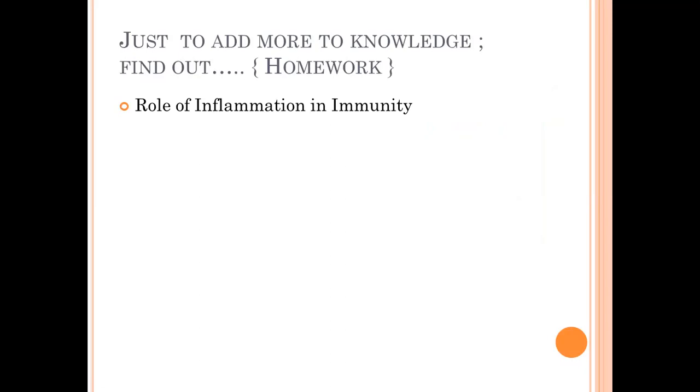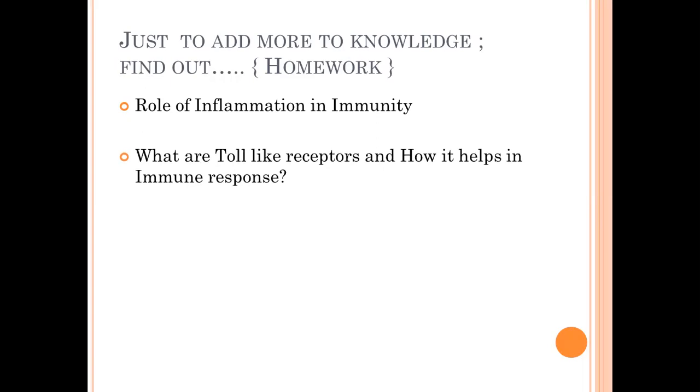So as part of your homework, find out the role of inflammation in immunity. And the second question is: what are toll-like receptors and how do they help in the immune response? These are the two questions for your homework.